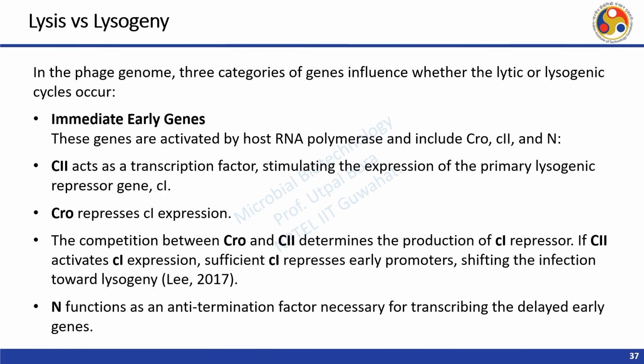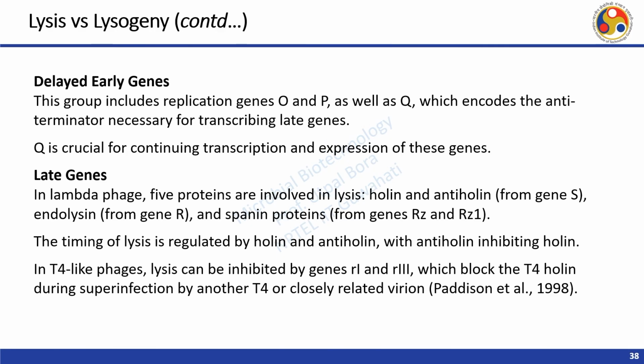N functions as an anti-termination factor necessary for transcribing the delayed early genes. The delayed early genes include replication genes O, P and Q, which encodes the anti-terminator necessary for transcribing late genes. Q is crucial for continuing transcription and expression of these genes.